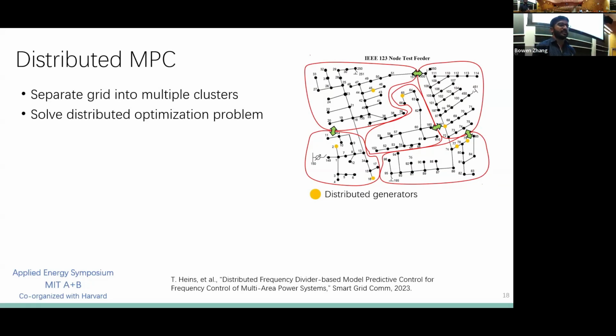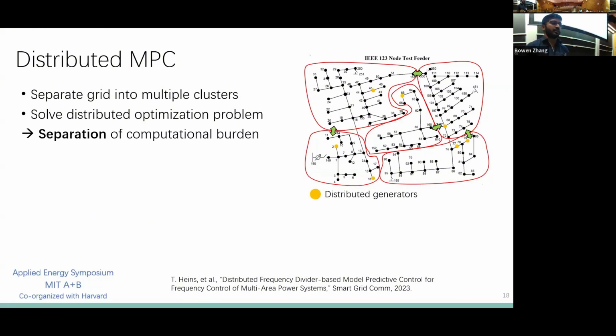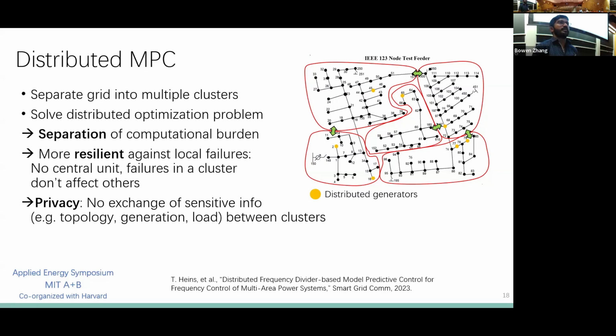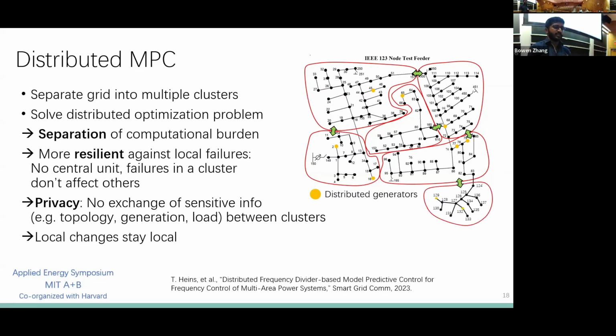So here we considered a case study where we divided the network into 5 zones, and we solve a distributed optimization problem that allows us to separate the computational burden. And it's also more resilient against local failures in a particular cluster. And it enhances privacy because you don't have to exchange sensitive information between clusters or with a central unit. And also local changes stay local.